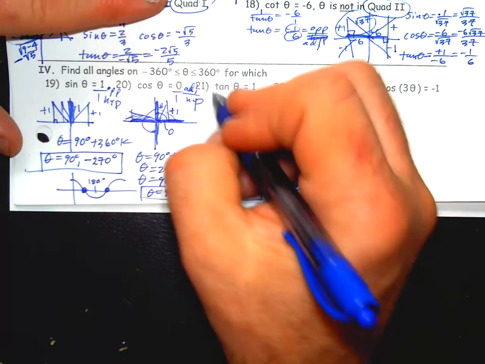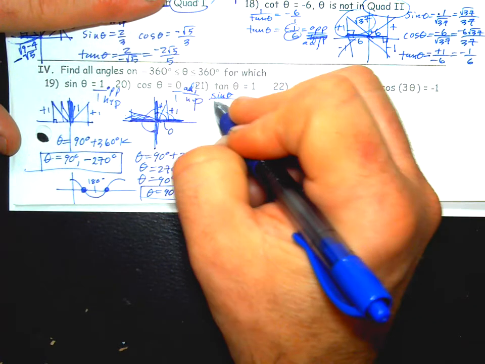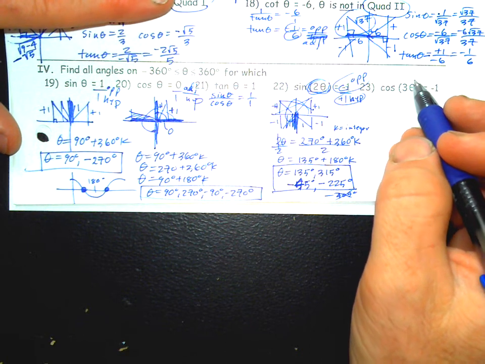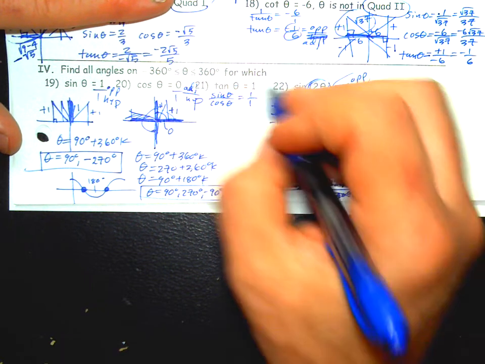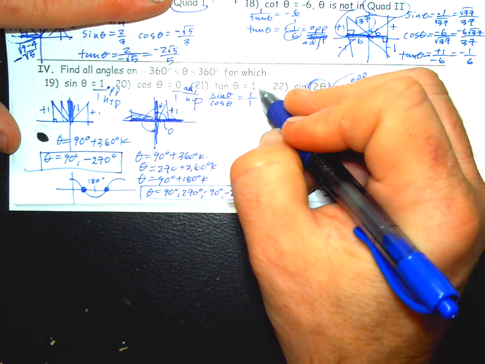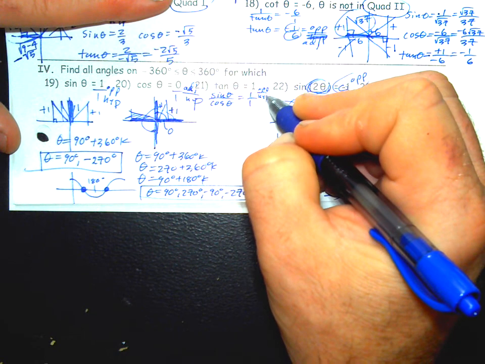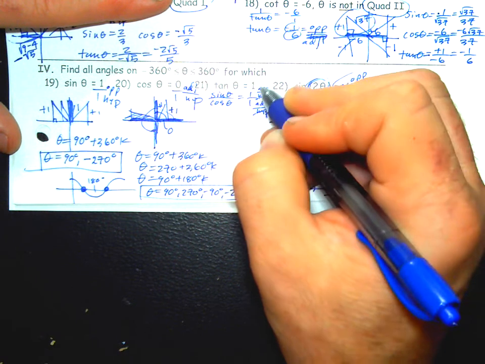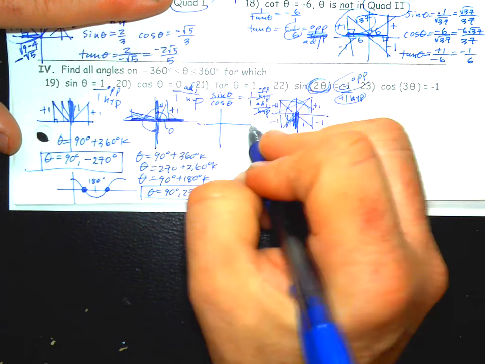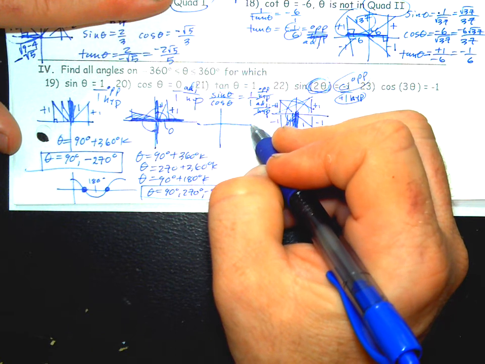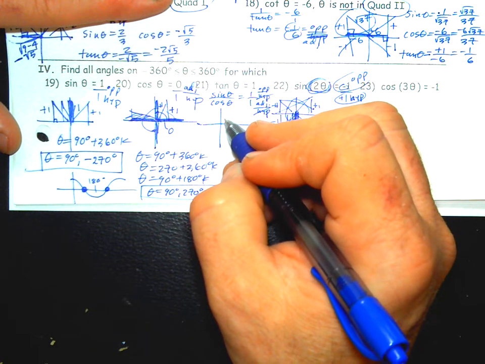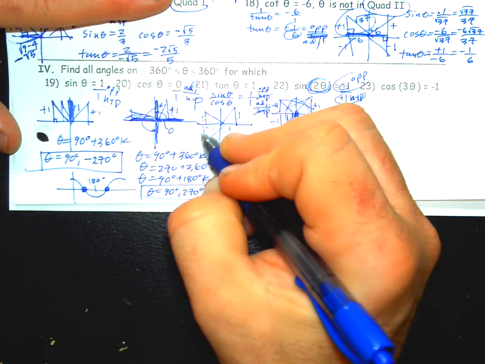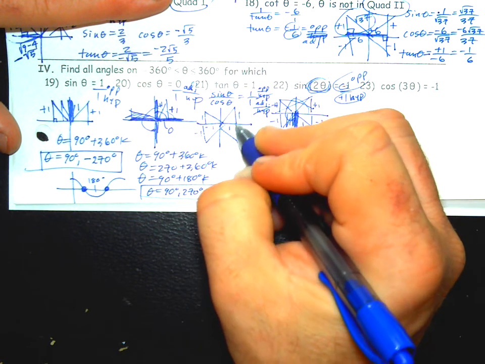Okay, tangent. I don't memorize tangent values. I think sine over cosine. So this is asking, sine is opposite over hypotenuse, right? And cosine is adjacent over hypotenuse. And so then the hypotenuse cancel each other out and it's opposite over adjacent. So when does opposite and adjacent have the same length? Well, that would have to be like this, 1 and 1, or 1 and negative 1.